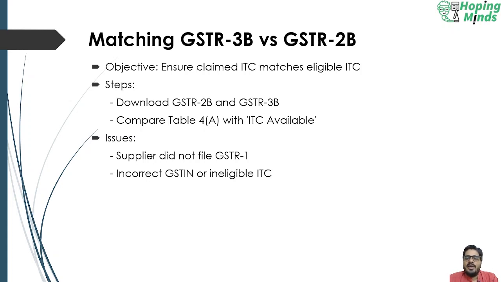Then the supplier filed the GSTR-1 return with incorrect GSTIN of the recipient. In such a case also, the input tax credit will not appear in the GSTR-2B of the recipient. Then claiming ITC on ineligible goods or services. So there are certain ineligible input tax credits that cannot be claimed. So this could also be a reason for the mismatch.